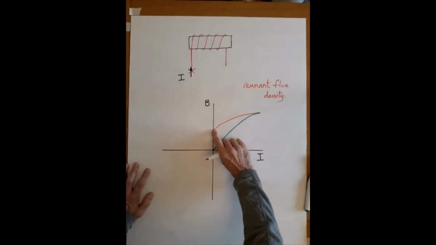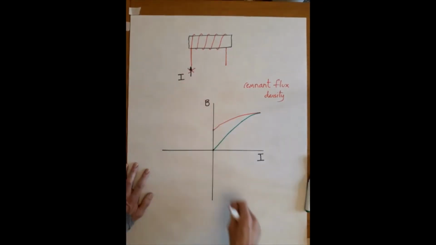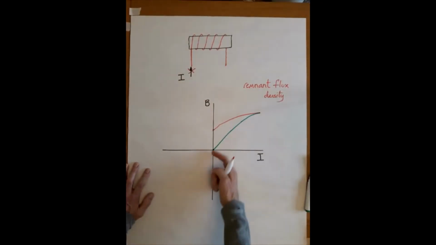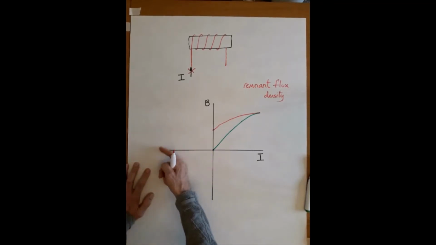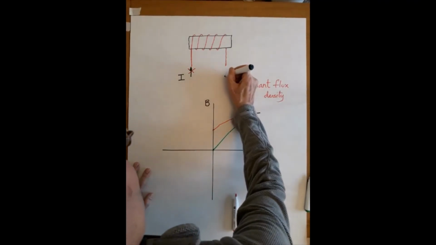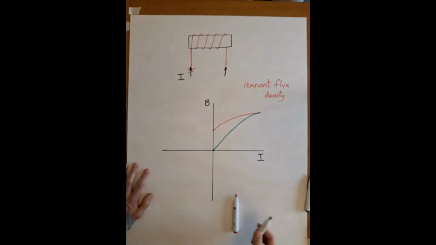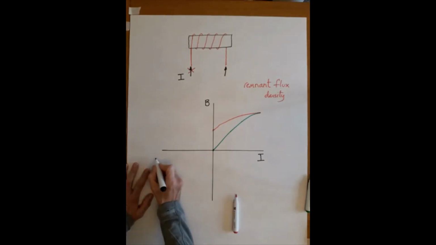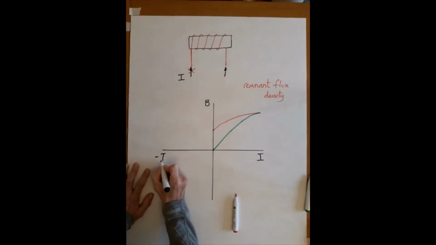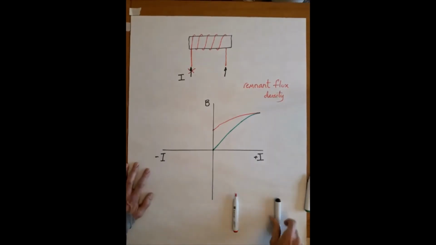If we want that flux density to get down to 0, so this is effectively unmagnetized again, we actually have to increase the current in the opposite direction. In other words, I'm going to put the current in there and out there. I've changed the polarity of the supply to do that, so for that reason I'm going to call this minus I. This would be plus I, and that's minus I. Hopefully that makes sense.